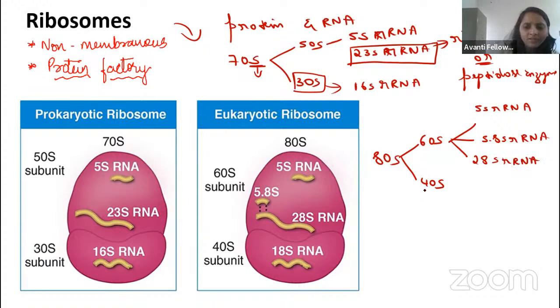Then the 40S has 18S rRNA. I will give you a trick here, guys. You can easily distinguish between eukaryotic rRNA and prokaryotic rRNA. If the number 8 is coming, because here you can see 18 is there, 28 is there, and 5.8 is there, remember that it is a eukaryotic rRNA. If 23S and 16S are there, that is the prokaryotic rRNA.